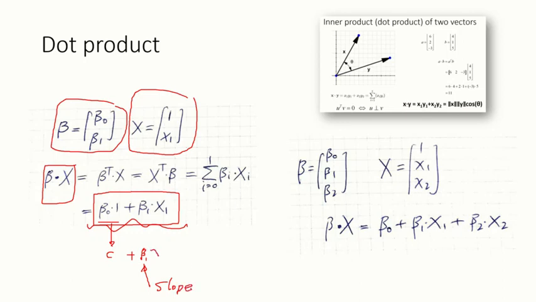So x is your variable, and this is your predicted y. Okay, so that's why this linear form of the definition of this line can be rewritten into the dot product.